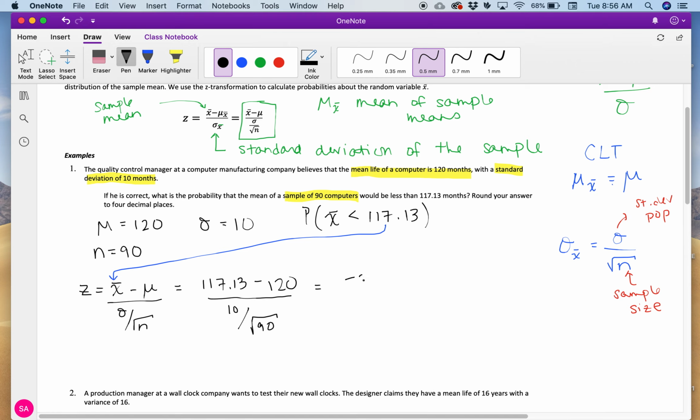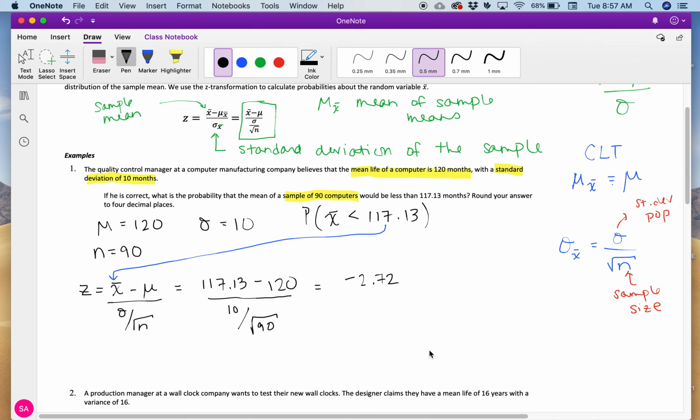We don't need to underline it because we calculated it out. That's the answer for z, but that's not the final answer. Our z is equal to negative 2.72.